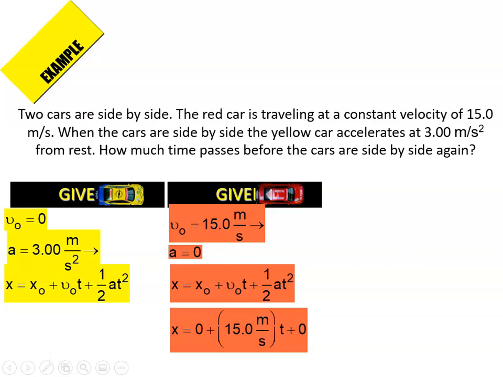So it turns out that we'll just call them 0, and even if we didn't call them 0, they would cancel. So for the red car, that part's easy because the red car's acceleration is 0, so no 1/2 at squared term. For the yellow car, that part's also a little easy because its initial velocity was 0, so no v naught t term. And again, the x naughts cancel, and we're just going to be a little sloppy and call them both 0, but in any case, they cancel.